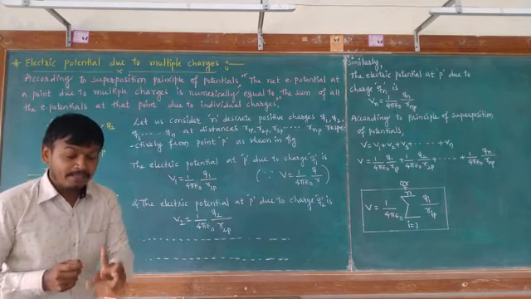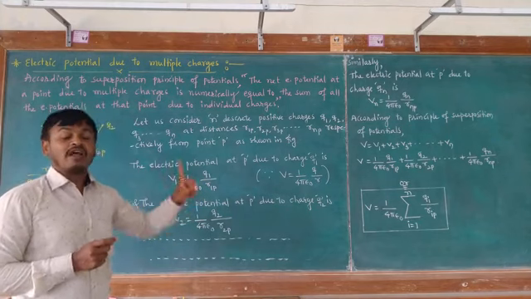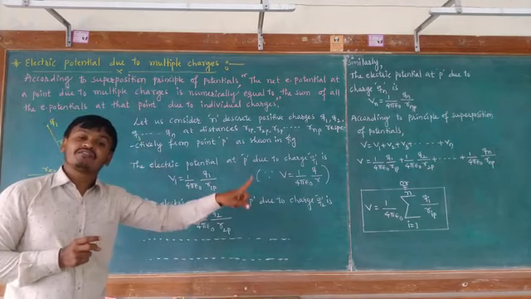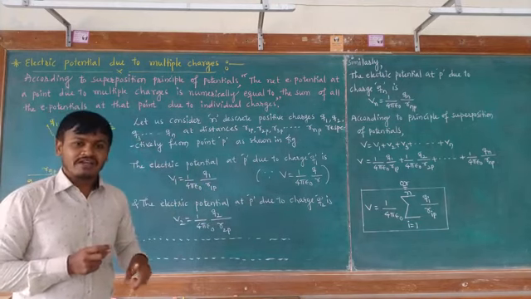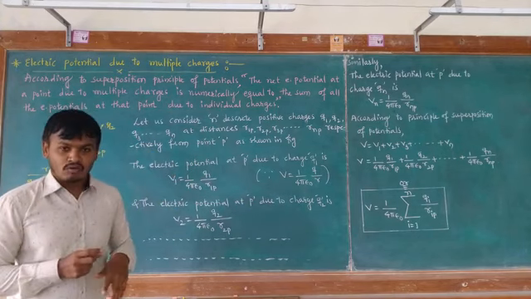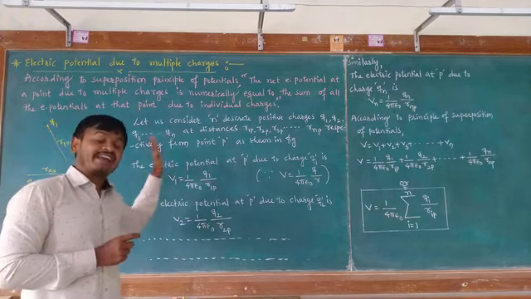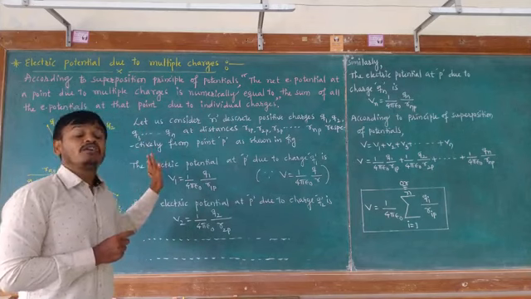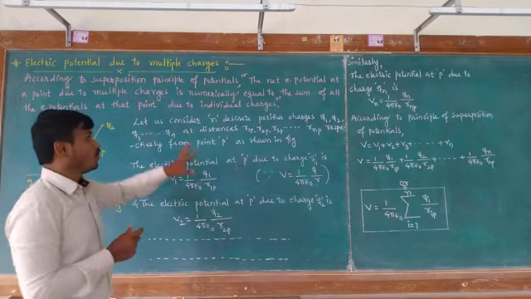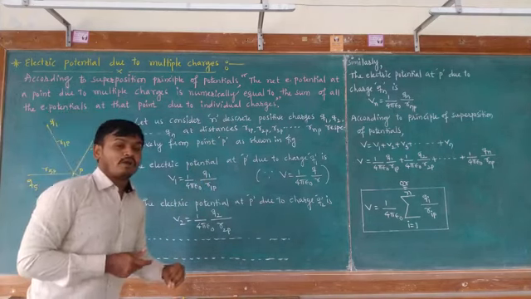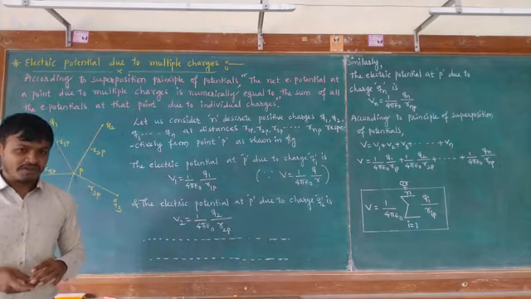I repeat, the total electric potential at a point due to a number of charges is numerically equal to the algebraic sum of all the electric potentials at that point due to individual charges. This is the statement of the principle of superposition of electric potentials.